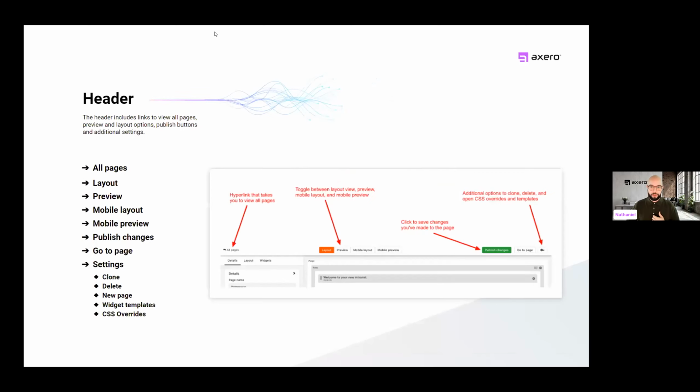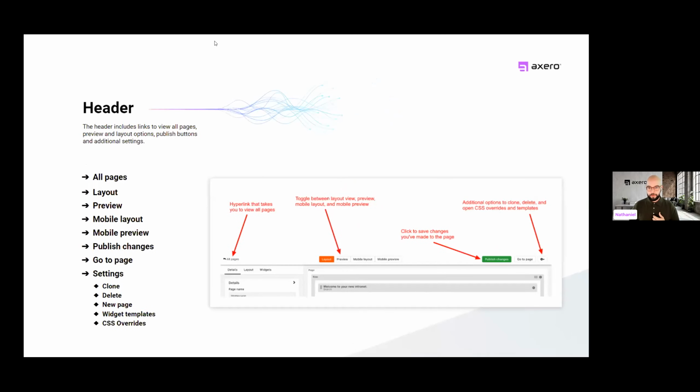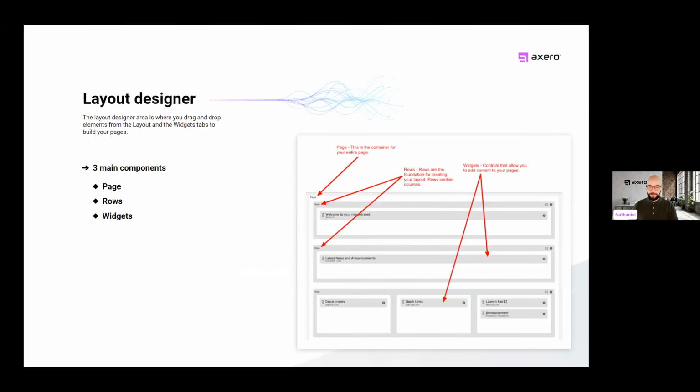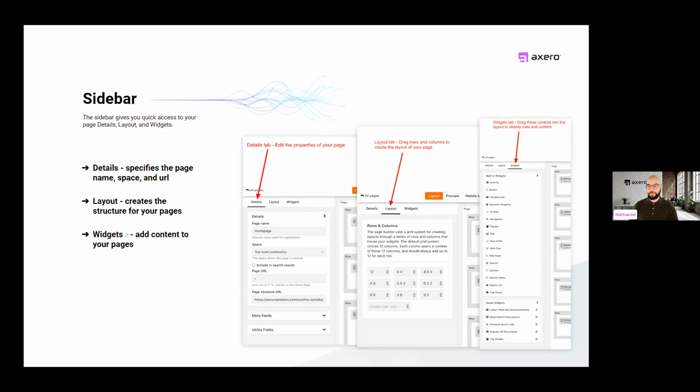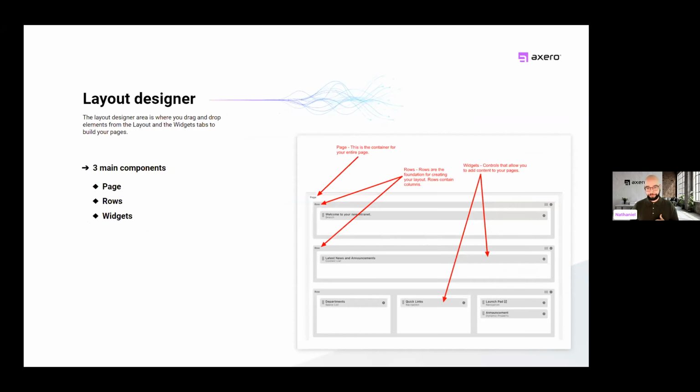Let me go back here real quick. Oops. I think it's moving without me. All right, is it going back? There we go. Okay. And then in the sidebar, the last tab is going to be your widgets, and that's where you're going to find all of the different elements that you can drag and drop onto the page.